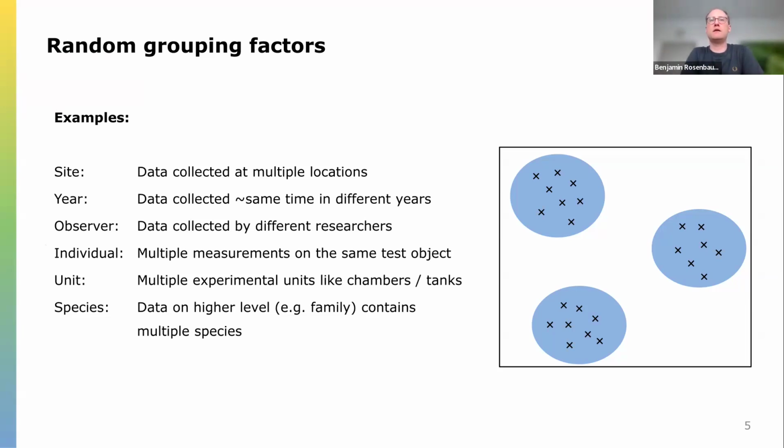So you should account for this because these observations per individual are not independent, and otherwise you would have this classical pseudoreplication. And there are all kinds of other structuring variables in your experiment, units, or interestingly, sometimes even species can be considered as such a grouping variable if you want to make predictions or model something on a higher level, for instance on the family level, but the actual data is collected from different species.